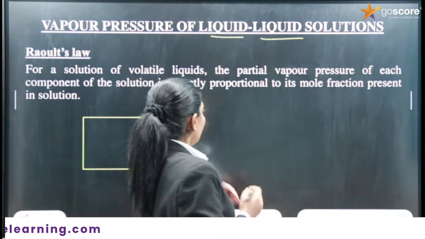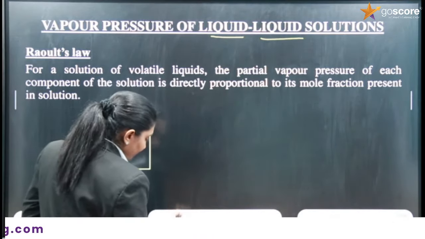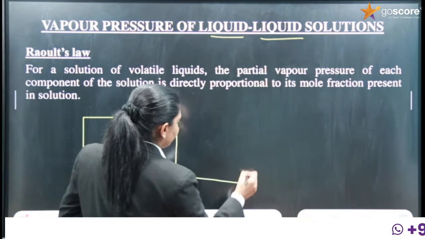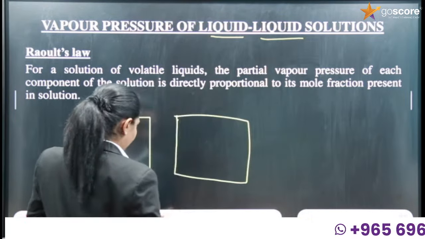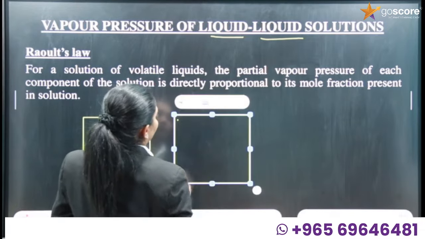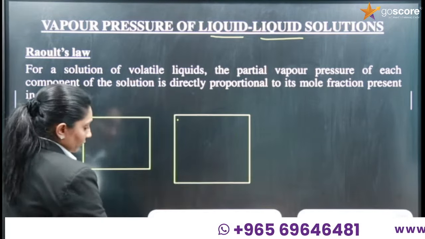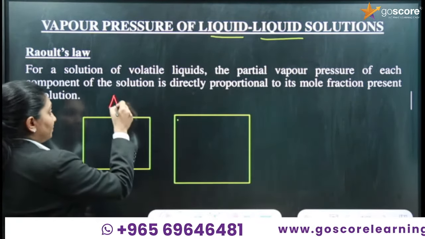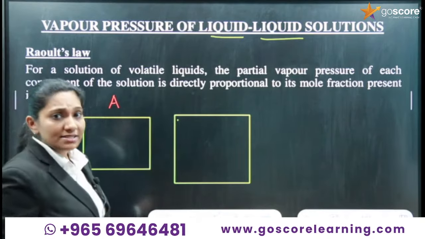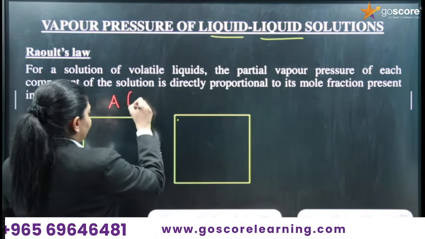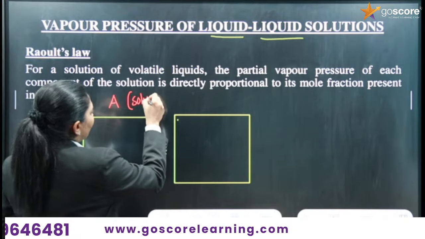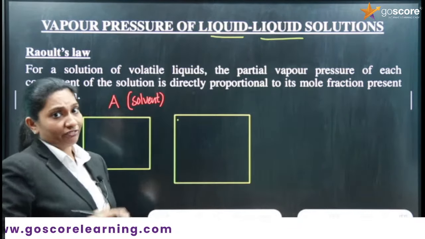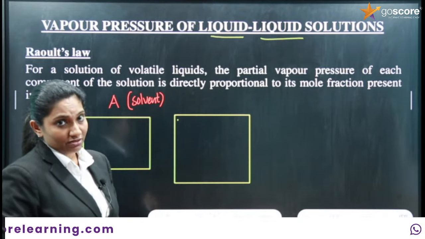So, see here. We can take the two liquids. In the first one, I'm taking the liquid A. We can consider this A as the solvent. Both the solvent and solute are volatile, so definitely they will produce vapors, right?